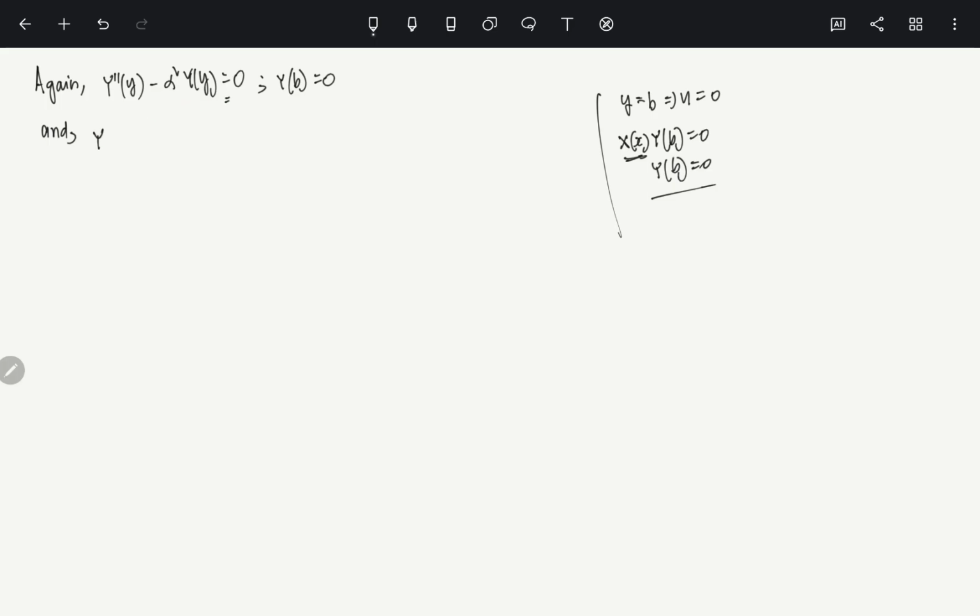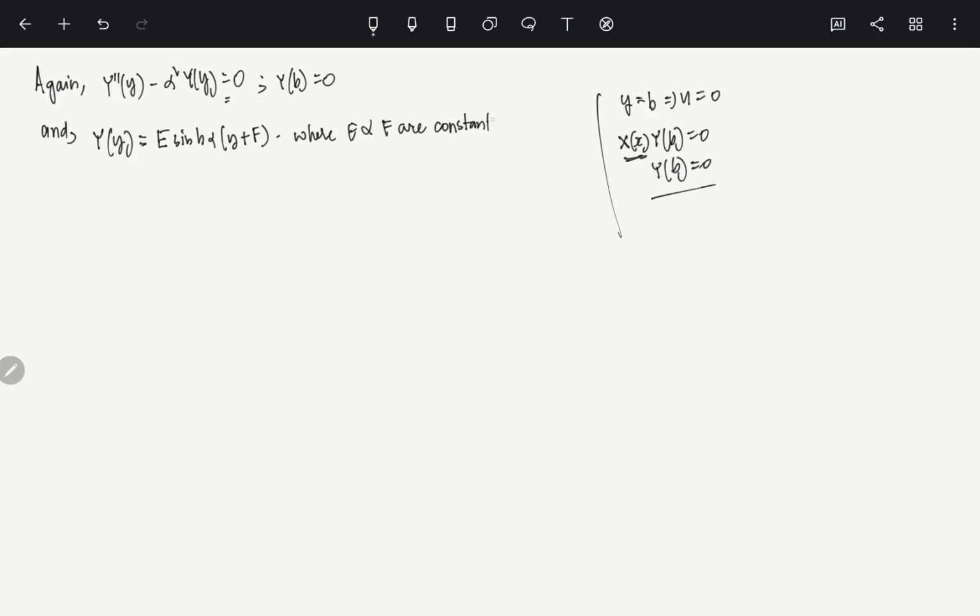If you solve it, what is Y of y? It is a constant times sine hyperbolic alpha y plus another constant, where E and F are constants.